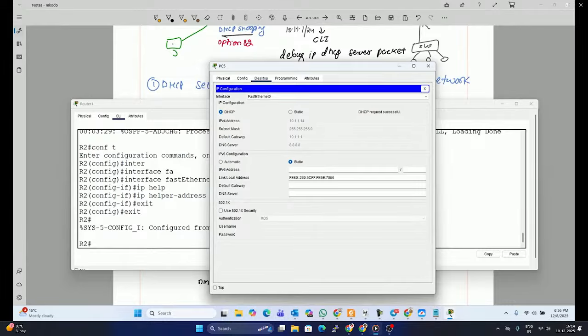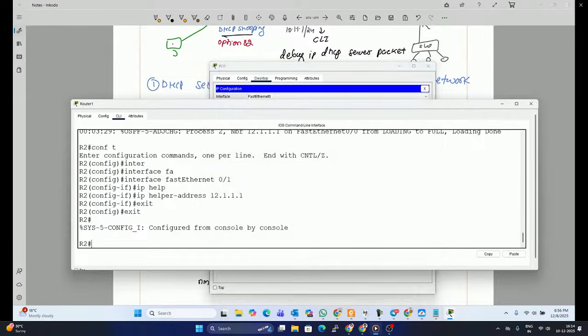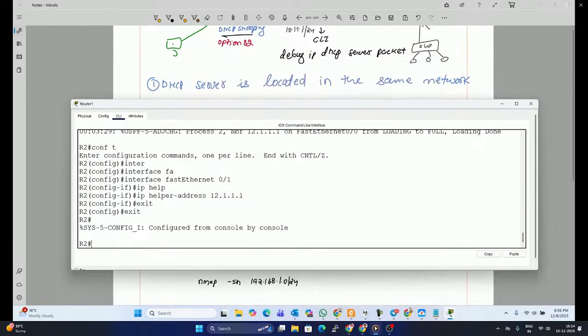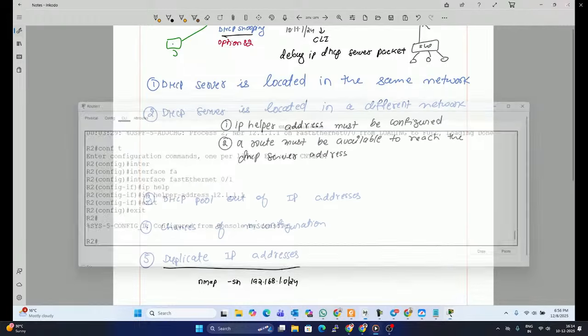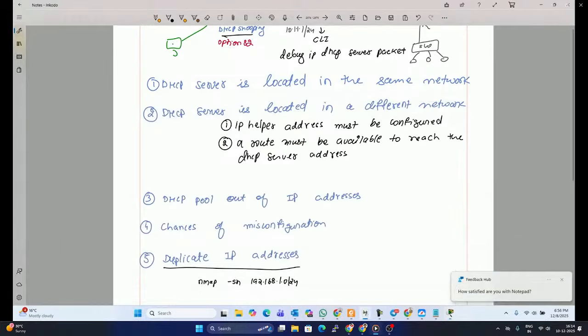Sometimes you might face a problem that the DHCP server has assigned an IP address, but internet is not working. In that case, you might have configured a wrong default gateway, or you might have configured a wrong DNS server also. So that also needs to be checked. DHCP assigned IP addresses, but the IP addresses must have a valid default gateway also.